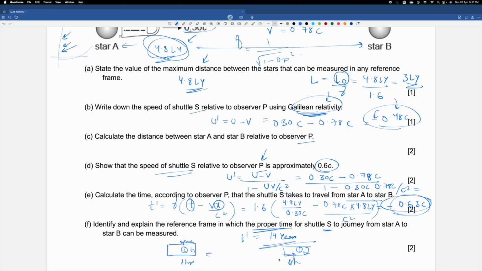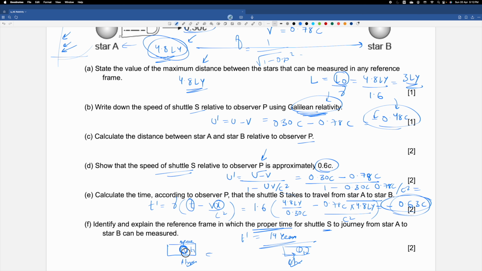The difference between those will be the proper time because the clock is within the shuttle. The clock is not moving. What is the speed of the clock with respect to the shuttle itself? It is zero. So it is the time interval between the two events, star A and star B, at the same point in space.